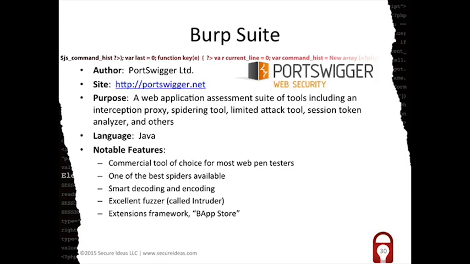I also like the fuzzer on it, Intruder, better than the one that's in ZAP. It also has extensions. It has the BApp Store on there, so you can download and install extensions.